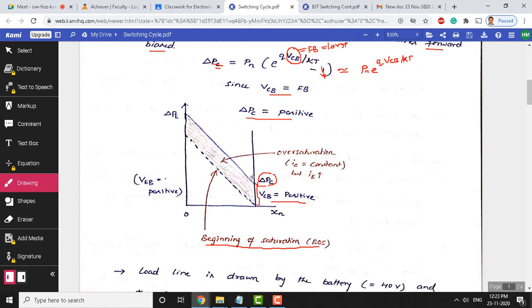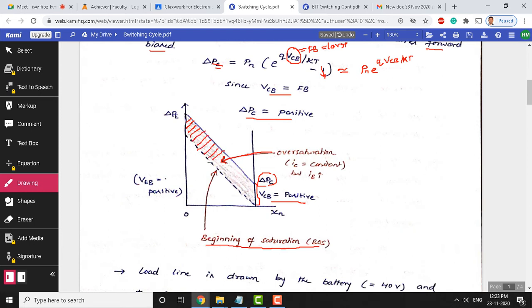The device has commenced saturation at this particular point, and because of the larger collector base voltage applied, it has now become over saturated. This whole region you are seeing here is the over saturation region.